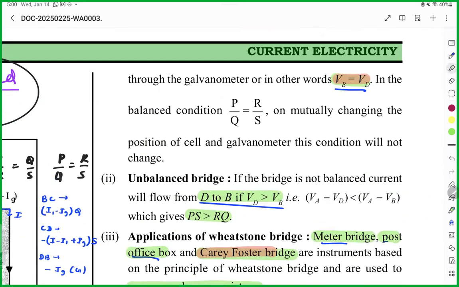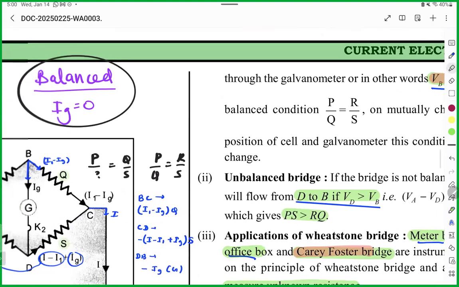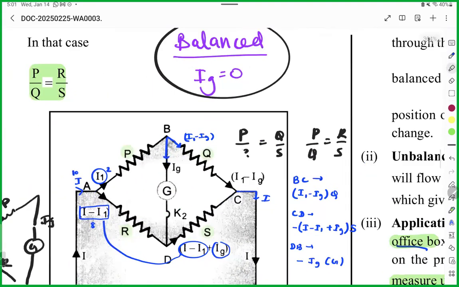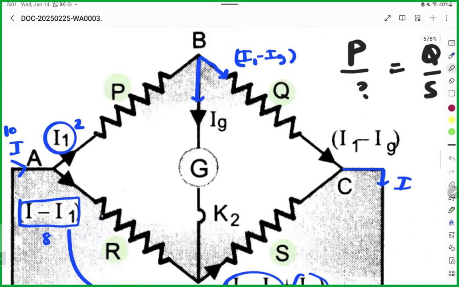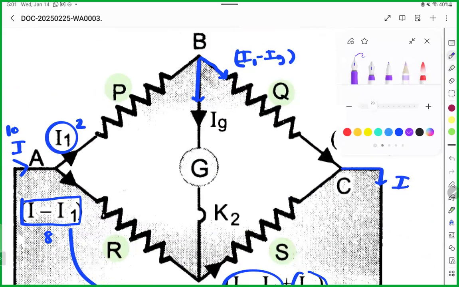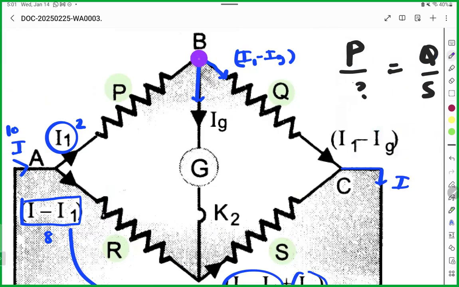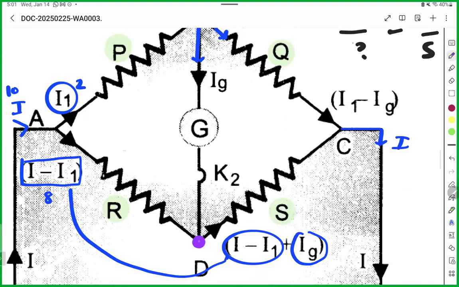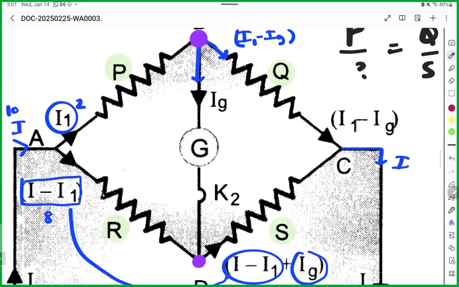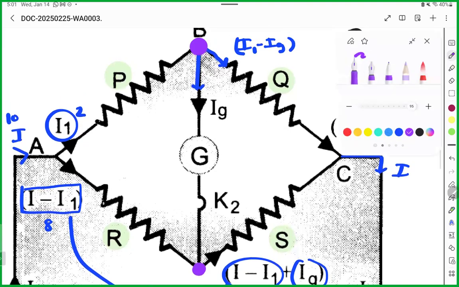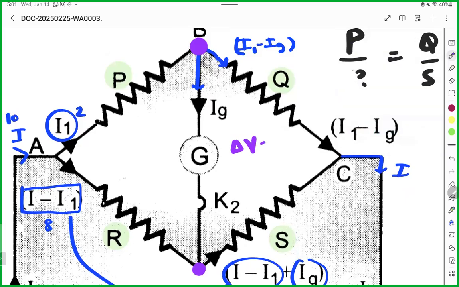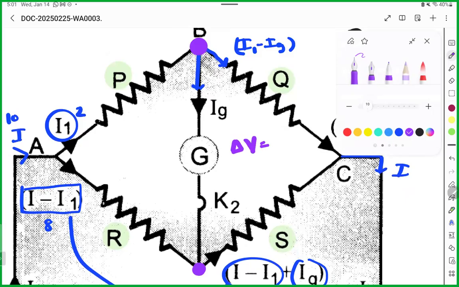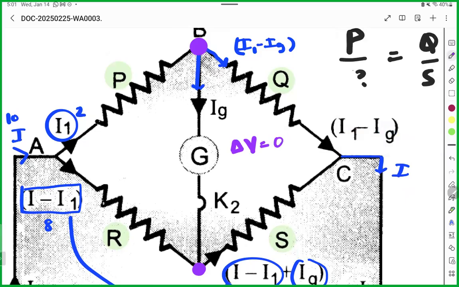If this ratio is balanced, the potential at B will be the same as the potential at D. Potential at B will be equal to potential at D. If both potentials are the same, Anvita, what will be the potential difference in this situation? 0, because both are the same. Difference is 0, so your current will be 0, right?